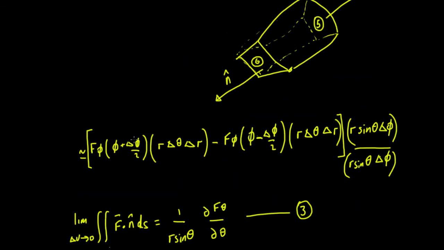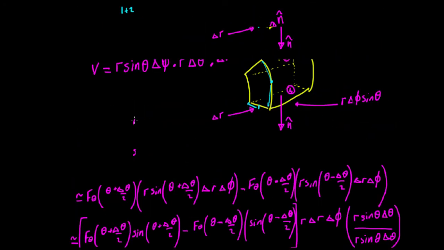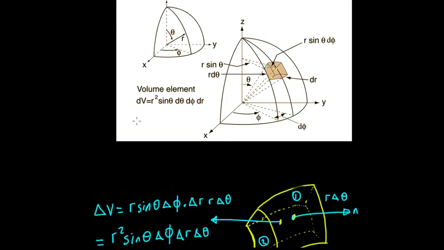So let's go ahead and do that. Again, now we're interested in the f of phi, at phi plus delta phi upon 2. So we work out the value of the function there, and then we multiply it by the area. Well, the area is simply the r delta theta times our delta r. So you can see that up here. The area is just going to be r delta theta times the value of delta r.